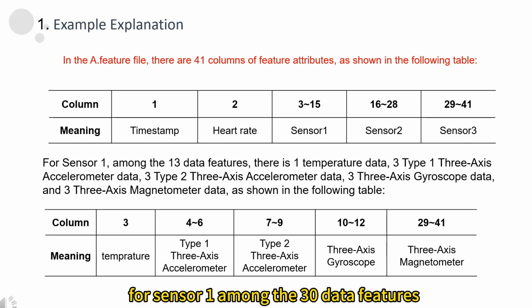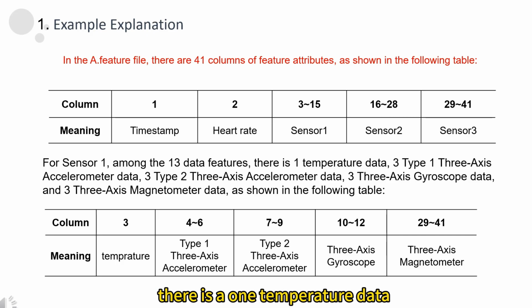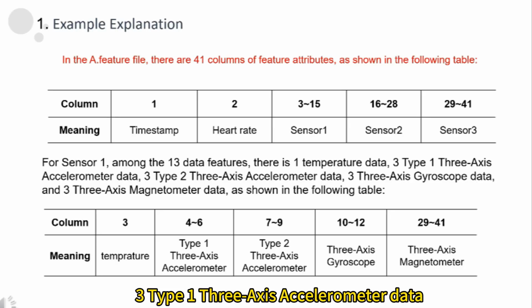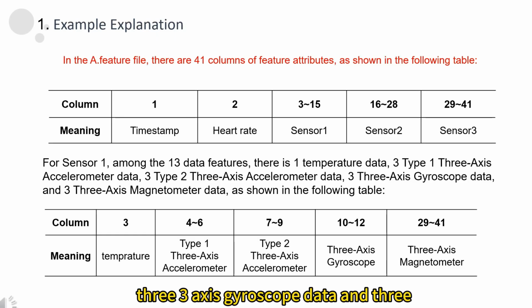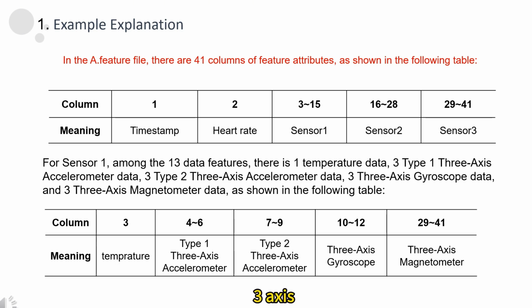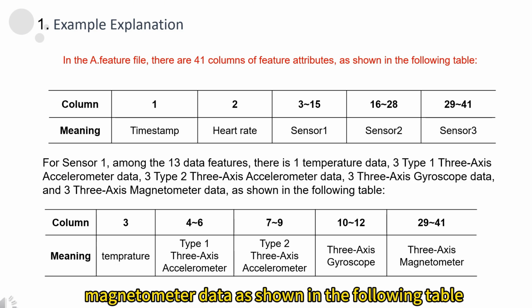For sensor 1, among the 30 data features, there is 1 temperature data, 3 times 1 3-axis accelerometer data, 3 times 2 3-axis accelerometer data, 3 3-axis gyroscope data, and 3 3-axis magnetometer data, as shown in the following table.